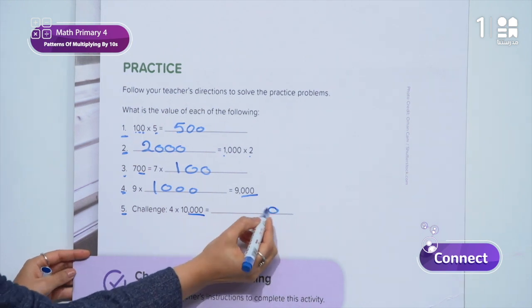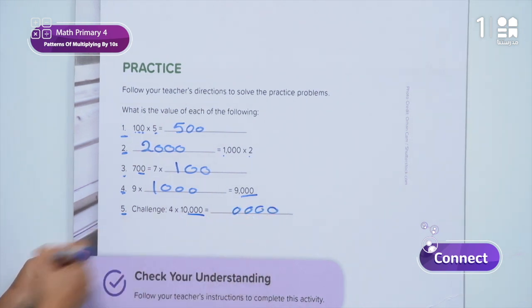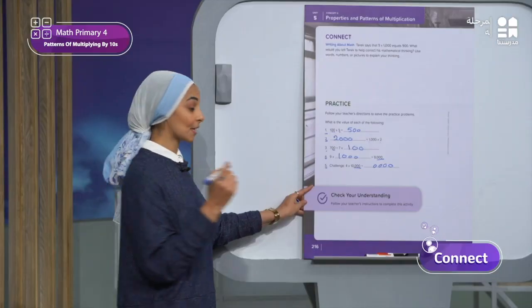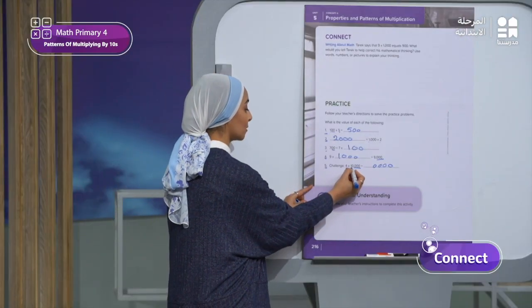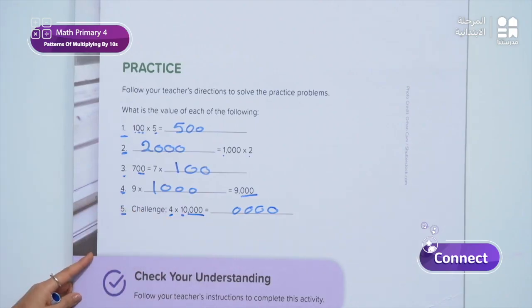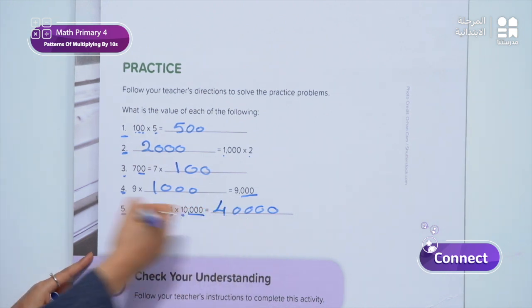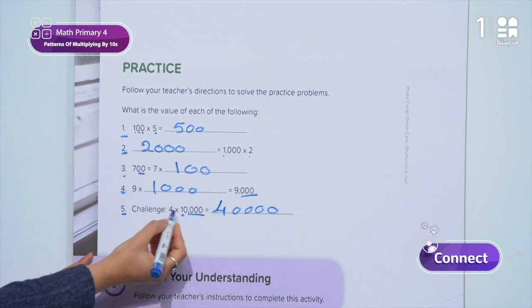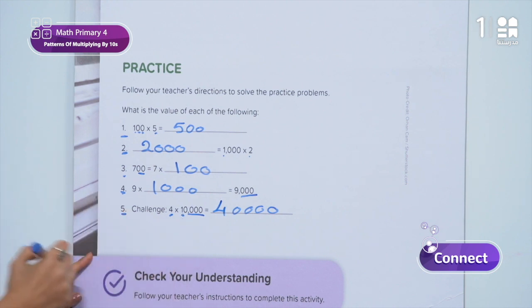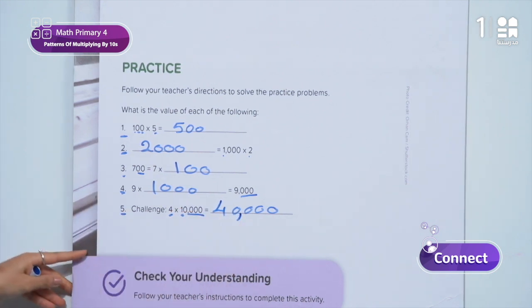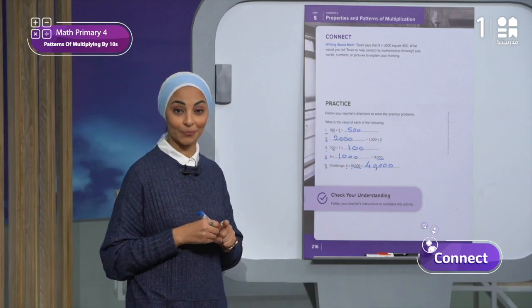So I will put here 4 zeros. Then, I will multiply 4 times 1. 4 times 1 gives me 4. So, can you read the answer? Yes, 4 times 10,000 gives me 40,000. And this is my answer.